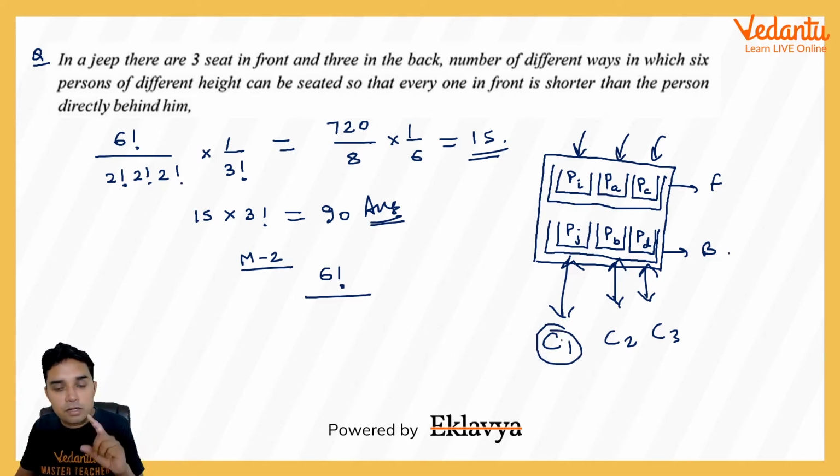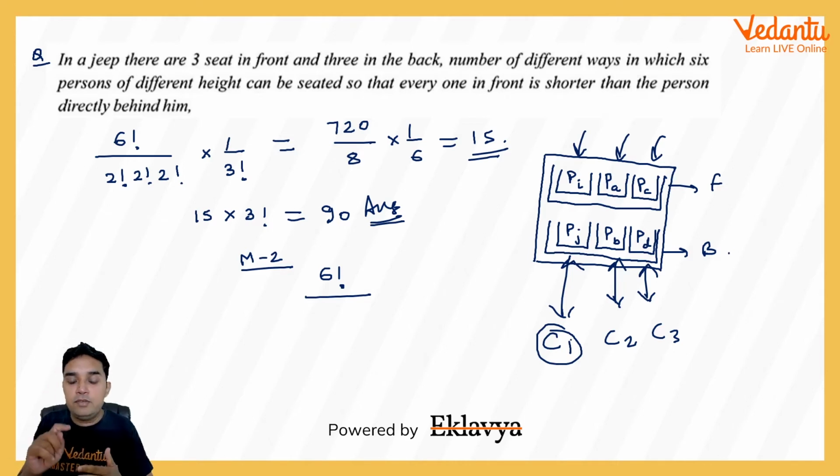In these 6 factorial ways, in column 1, we may have the person with bigger height in the front row, or maybe otherwise also. So can I say that exactly half of this 6 factorial ways will be the cases when the person with smaller height is in the front row, and half will be the cases when the smaller height person is in the back row. So I have to take only the half of that.